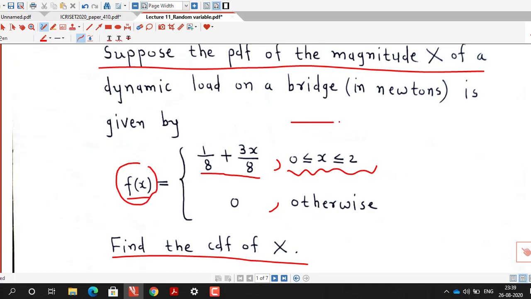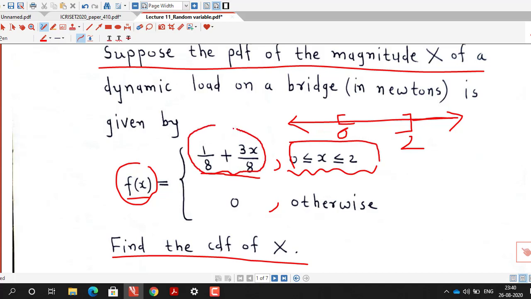As we discussed in the last lecture, our given PDF is non-zero between 0 and 2, and outside this interval the value of the PDF is 0. Between 0 and 2 the function is a straight line, so we can easily sketch the graph of fx between 0 and 2.